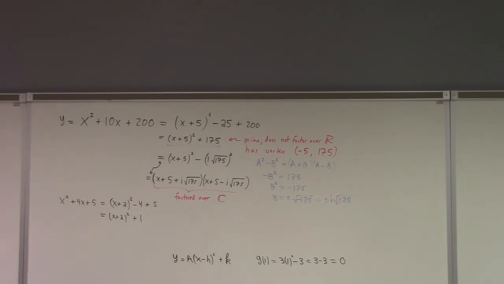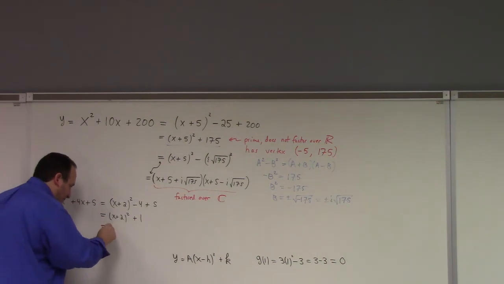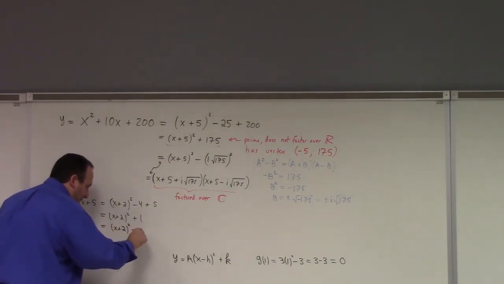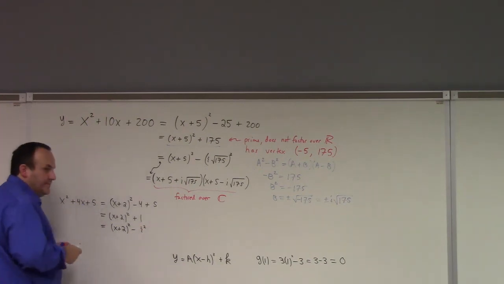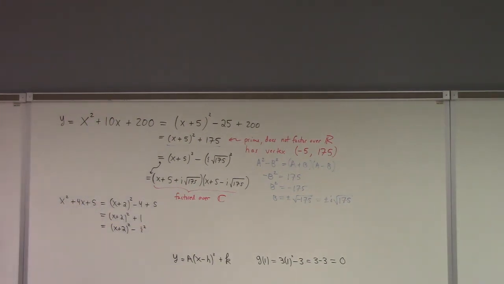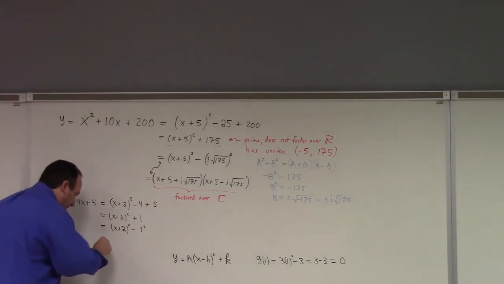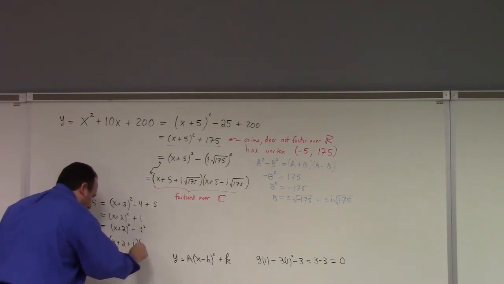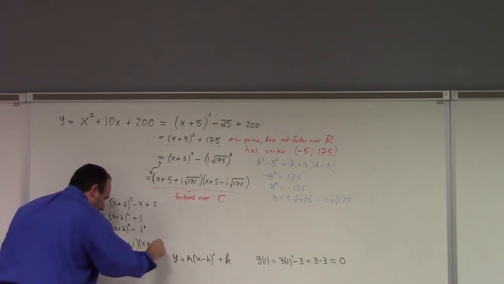I know the 175 thing is distracting for the previous example. So this would give us x plus 2 squared. 1 I can rewrite as minus I squared. Right? 1 is minus I squared. And so then you've got the difference of squares. So you can factor that as x plus 2 plus I, x plus 2 minus I.